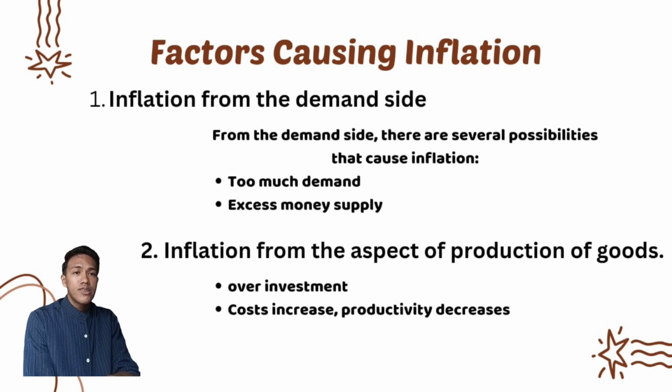So for the second point, which is cost increase and productivity decrease. The productivity of the worker may decrease, but their wages are still the same as before, or the workers do not want to work if their wages are not increased.